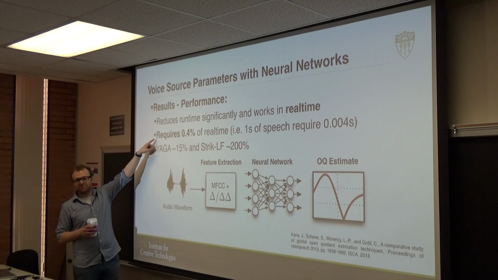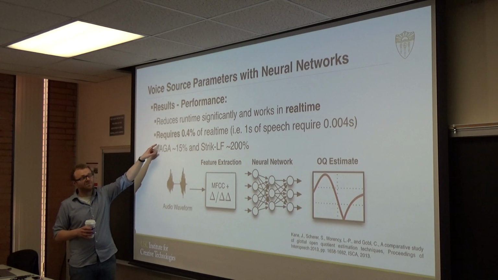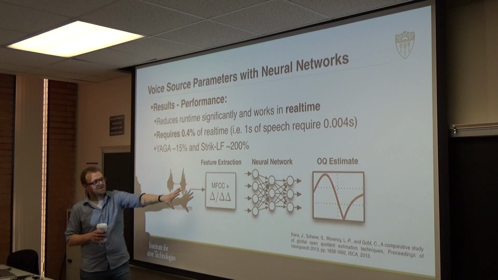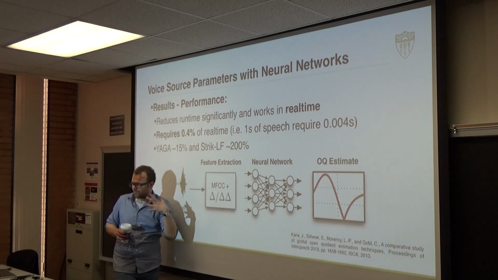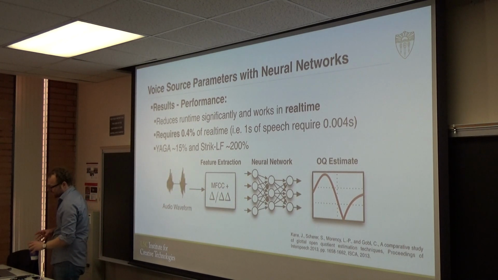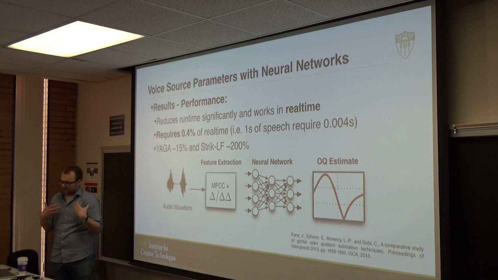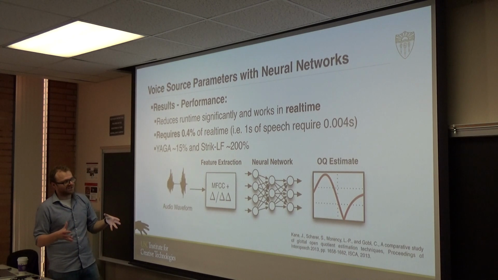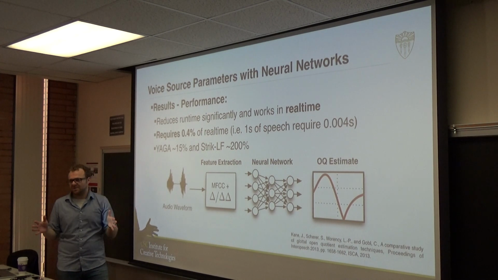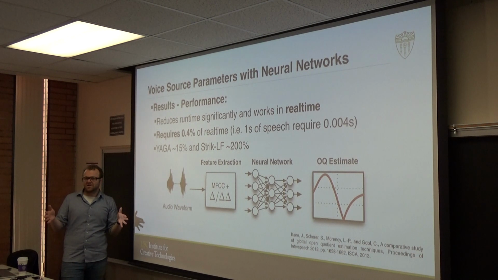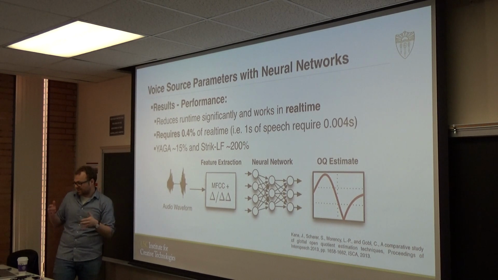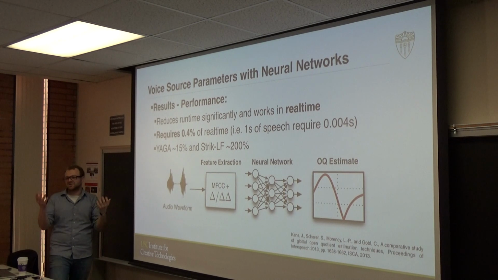But what is most important, I think, is that we can run this in real time, and we only require 0.4% of real time to run this, because neural networks, or most other machine learning algorithms, have this characteristic that once you have trained them, you have done most of the work. That's why they're also very useful for speech recognition, for example.